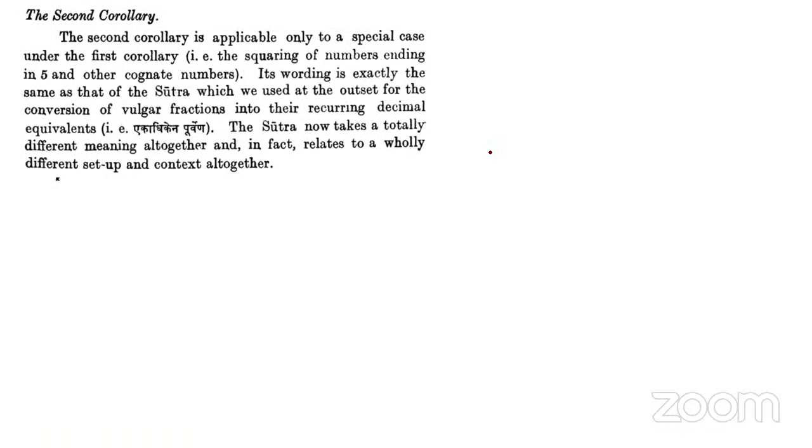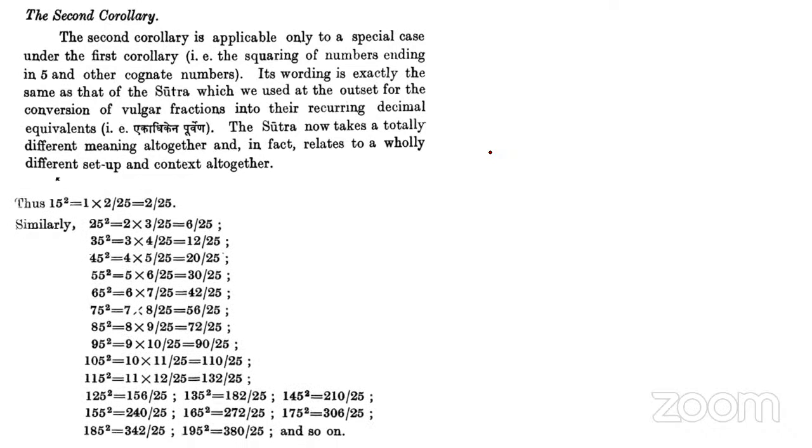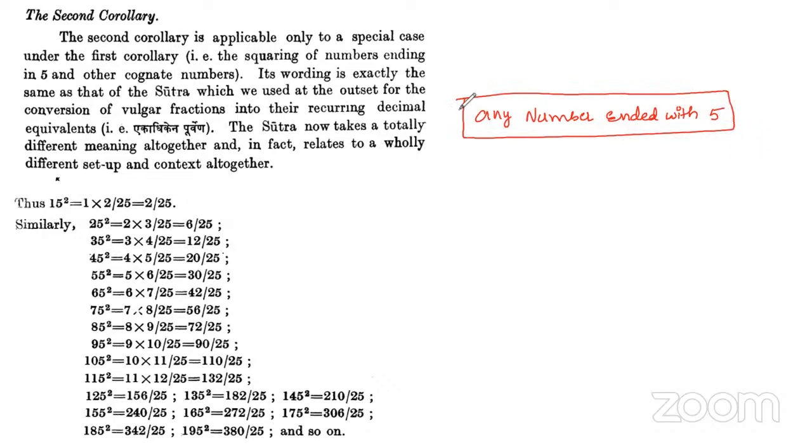In this case, Swamiji is using Ekadhikena Purvena along with a different form. Look at now, Ekadhikena Purvena Swamiji is using. That means any number ending with 5, we can easily find the square of it.